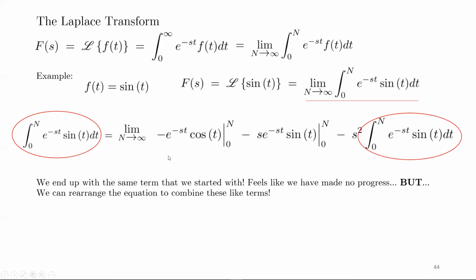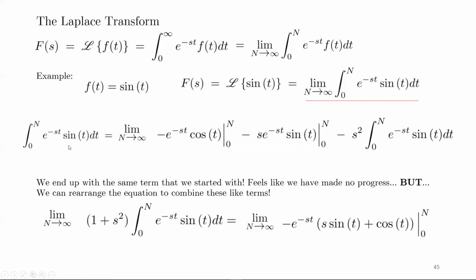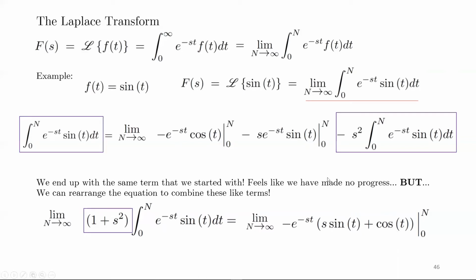okay, and combine those like terms. So on the left hand side I've got one of these integrals, on the right hand side I've got s squared of them, so I end up with 1 plus s squared times this integral is equal to the limit of these things. So then I can divide through by 1 plus s squared and get rid of that.